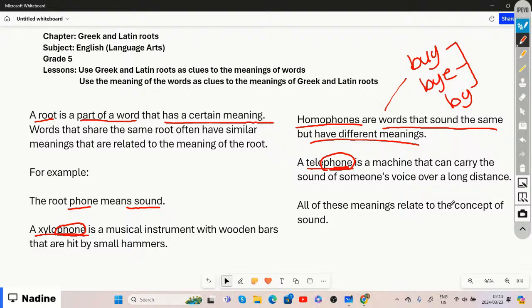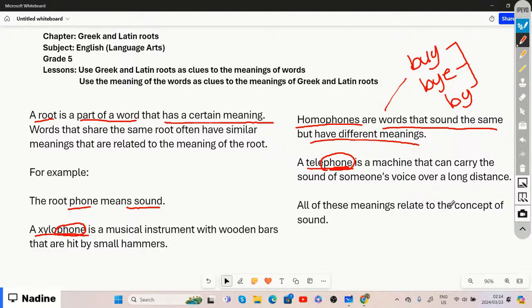All of these meanings are related to the concept of sound. A xylophone is a musical instrument with wooden bars, so you hit it in order to make sound, and you get different sounds based on the hitting of the bars.